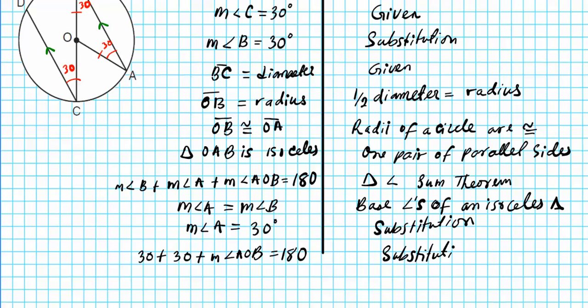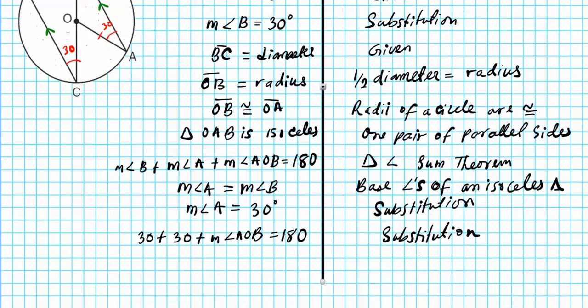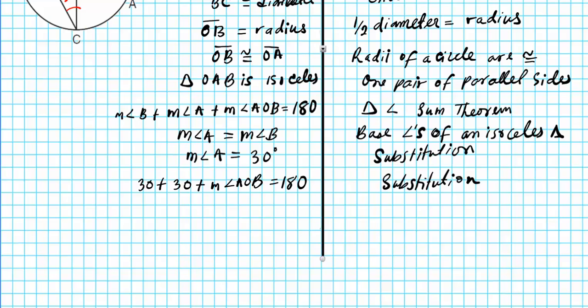You substituted the measures of angle A and B into the triangle angle sum equation, okay? All right, now we just use algebra to isolate the measure of angle AOB and we'll be good to go, okay? So let's combine these two first. 60 plus the measure of angle AOB equals 180.